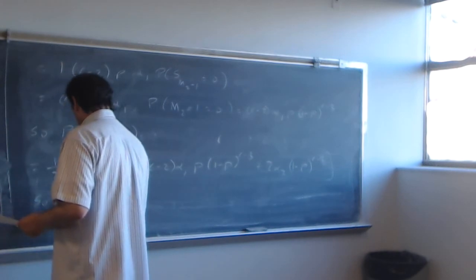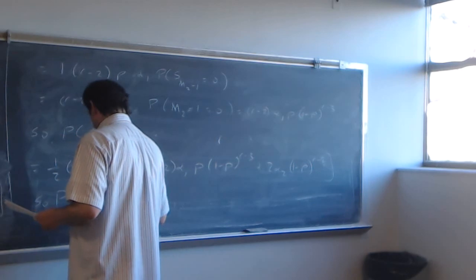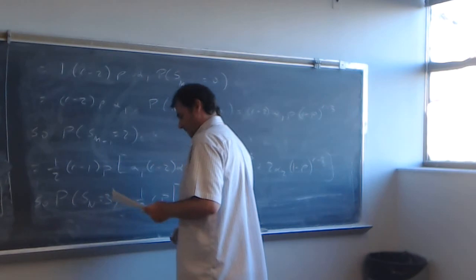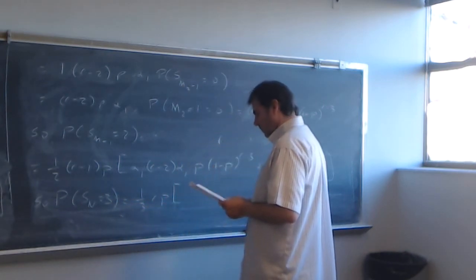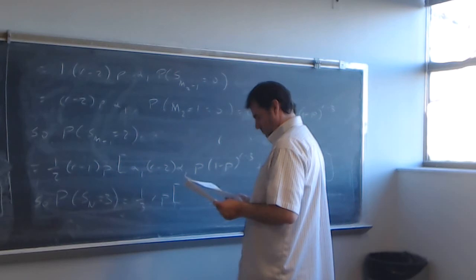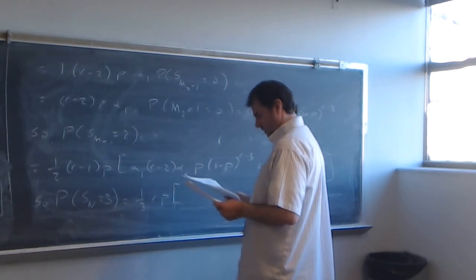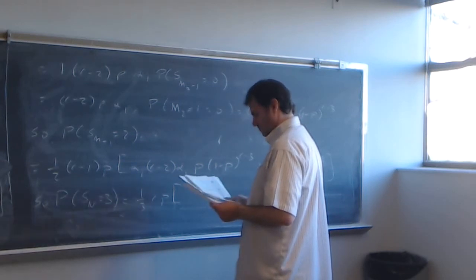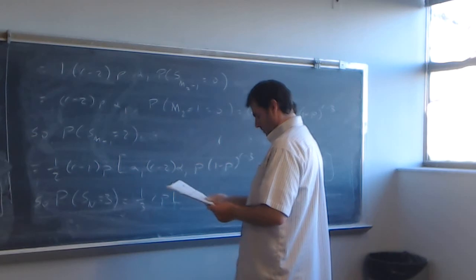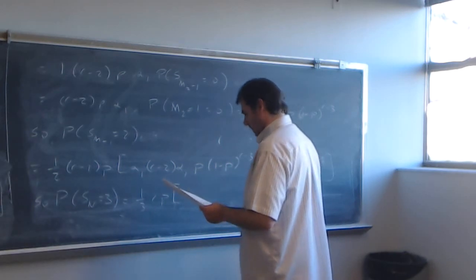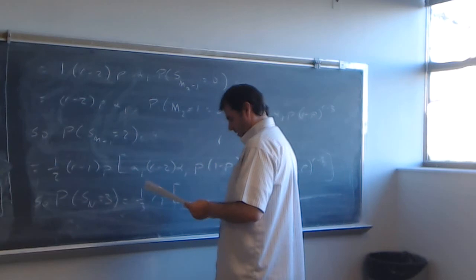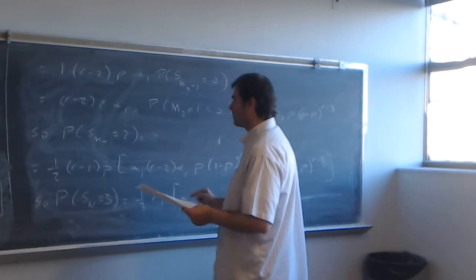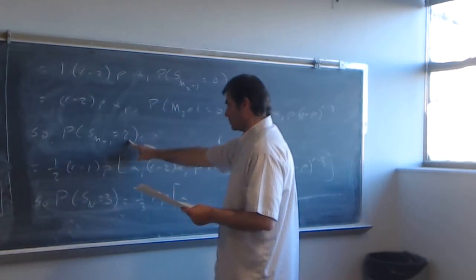So, the probability that S of m equals 3. It's the 1/3 r p times, let me look back so I won't make a mistake. So it would be alpha sub 1, and it was S of m minus 1 equal to 2, which I just found.